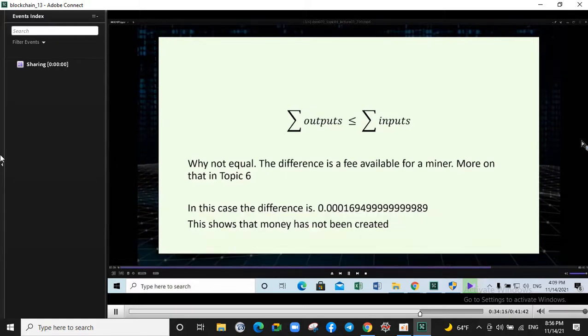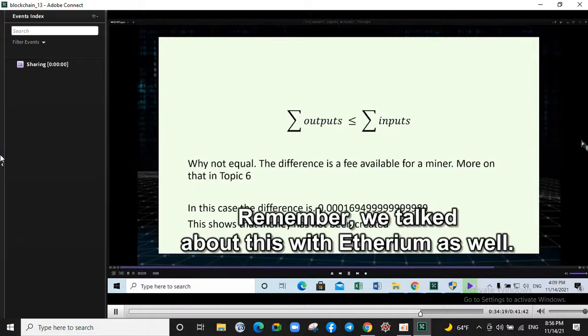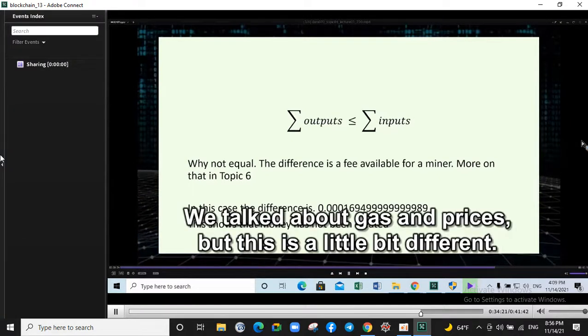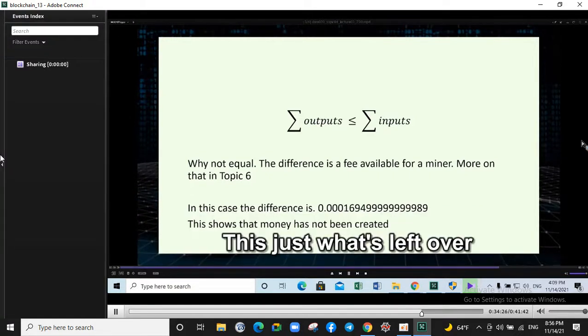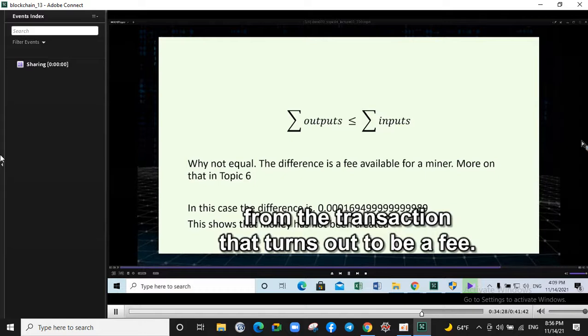Remember, we talked about this with Ethereum as well, about gas and prices. But this is a little bit different. This is just what's left over from the transaction, which turns out to be a fee.